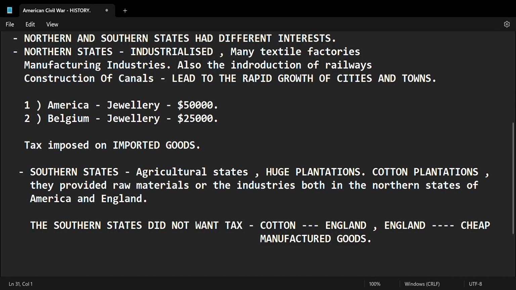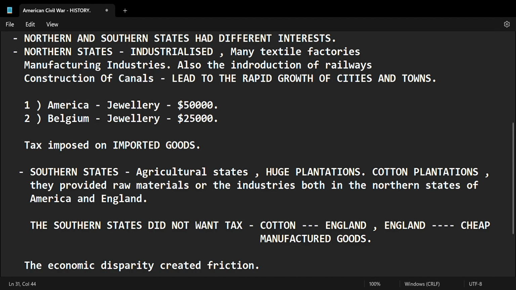So the economic disparity created friction. Friction not in the sense of physics. Friction means I want this, I want this, I want this.